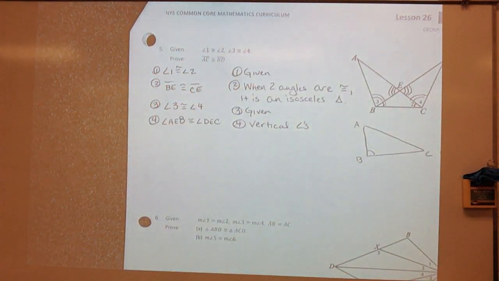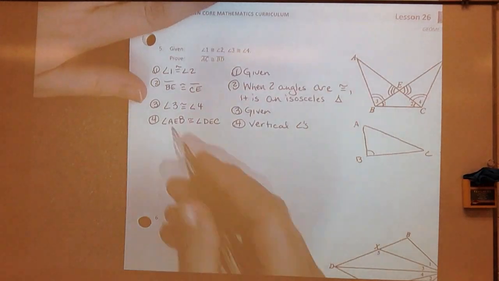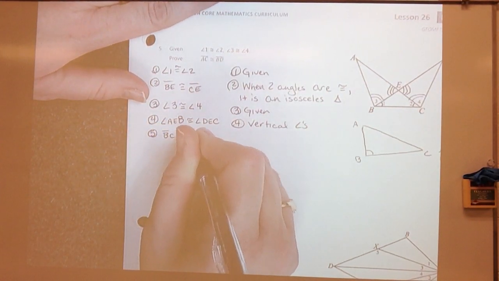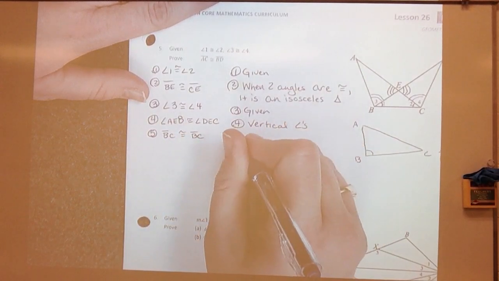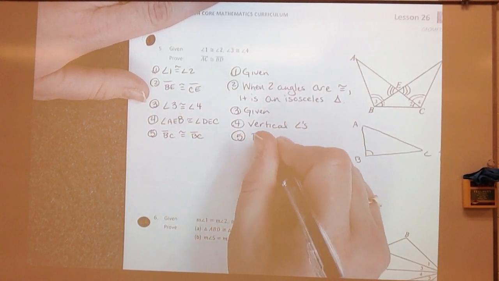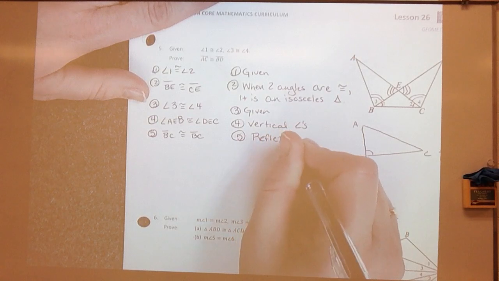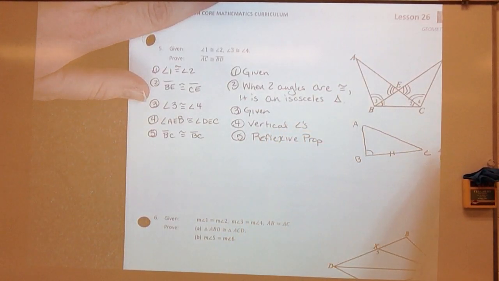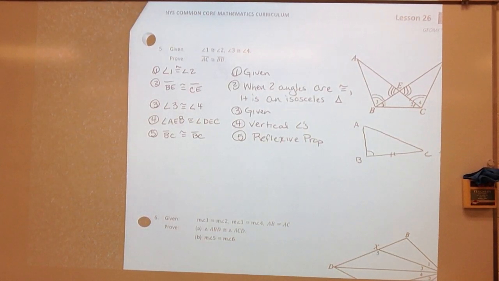Notice they share a side, so I can say that BC is congruent to BC by the reflexive property. It's the same in both triangles.